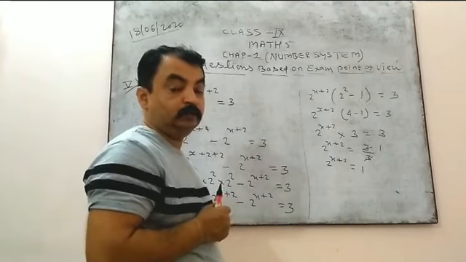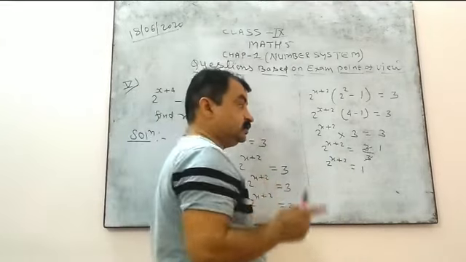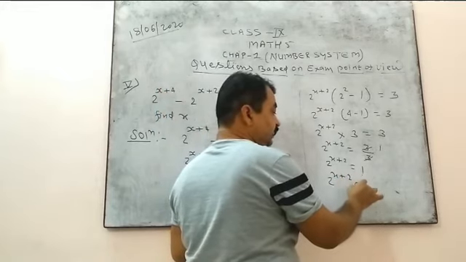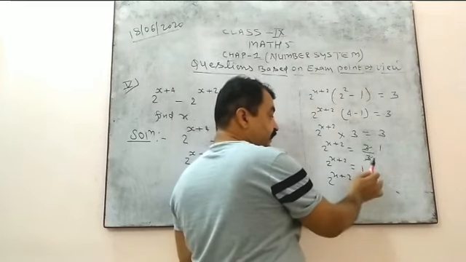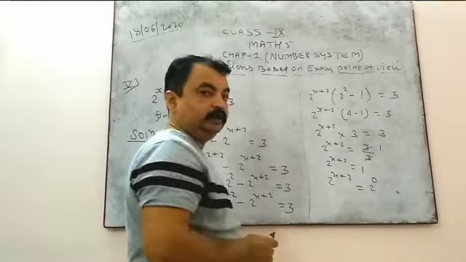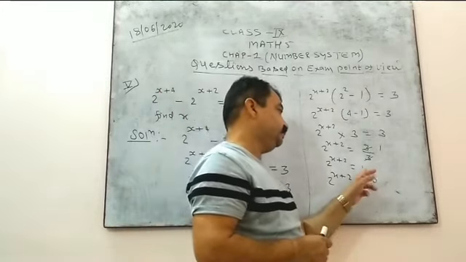So what do we do now? Can you guess it? Yes, you must. See, 2 power x plus 2, take the help of exponent. If we write here 2 raised to the power 0, it doesn't make any difference to our RHS term.